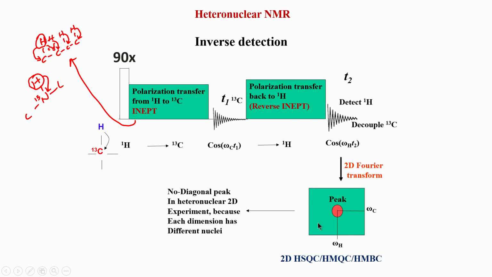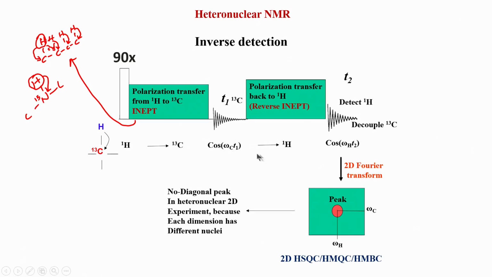One thing which I should mention, which we discussed a few classes ago, is that in a homonuclear experiment, if you recall, we always had a diagonal peak, but in an experiment like HSQC or HMQC or even HMBC, there are no diagonal peaks. Why is it so? Because of the two dimensions you see here, one is hydrogen and one is carbon.